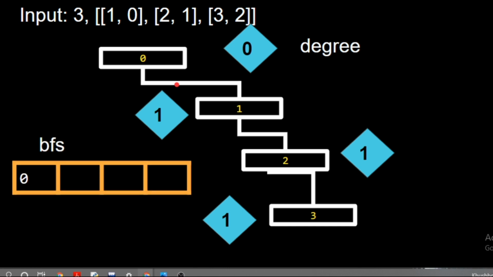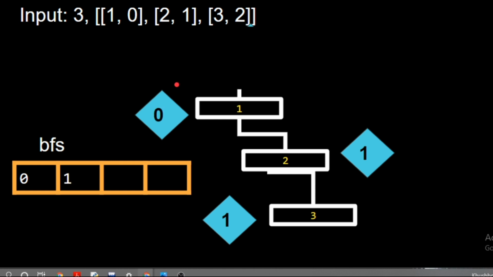So let's form an array called BFS and give it the values that don't need any previous knowledge. When we have appended 0 to it, we can remove it from our graph and reduce the degree of all its neighbors by 1. We got node 1 with 0 degree, so it is not dependent on anyone. So we can append it in BFS and remove it.